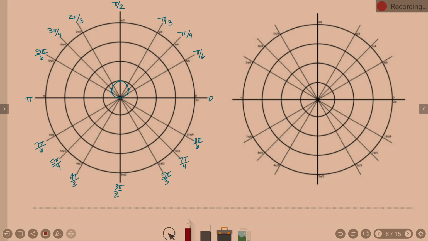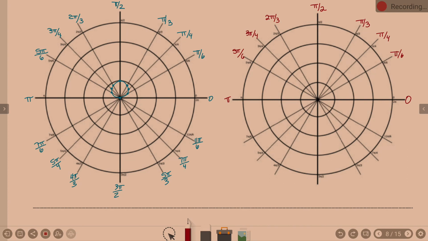So here's 0. First quadrant is pi over 6, pi over 4, pi over 3. At 90 degrees, we call it pi over 2. In the next quadrant, it's all 1 before pi, so it's all 1 before a whole pi. So 2 pi over 3, 3 pi over 4, 5 pi over 6, and then we're at that whole pi.